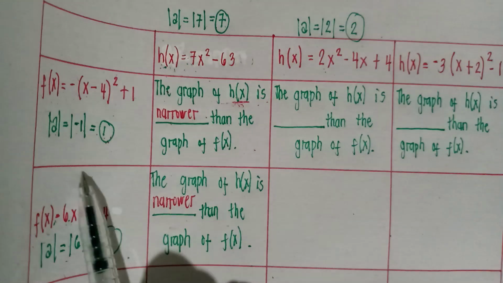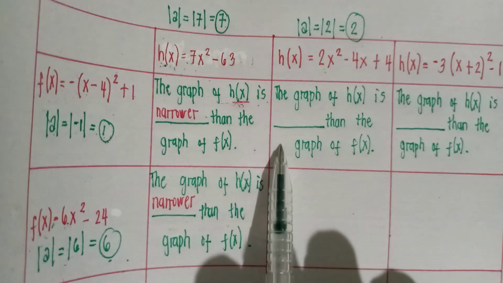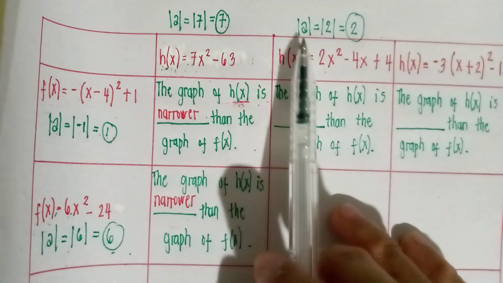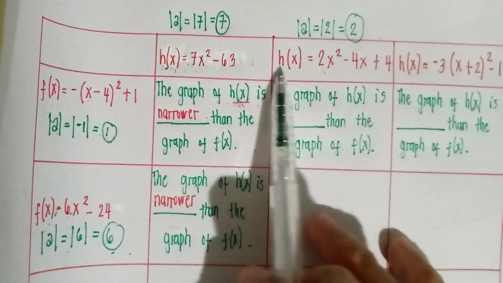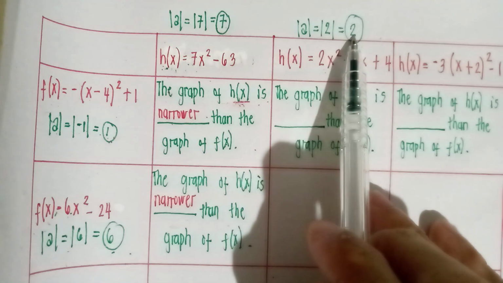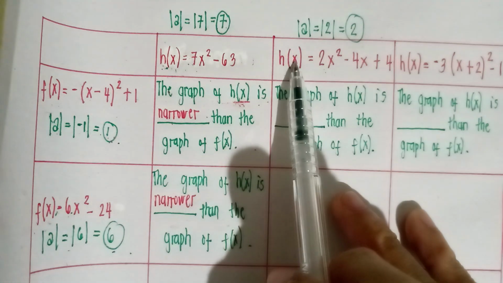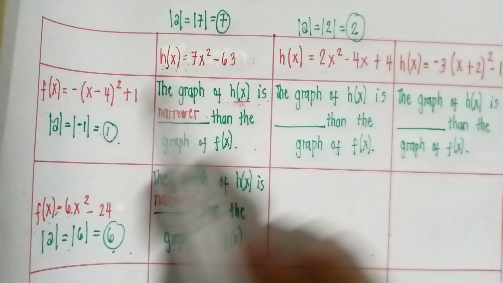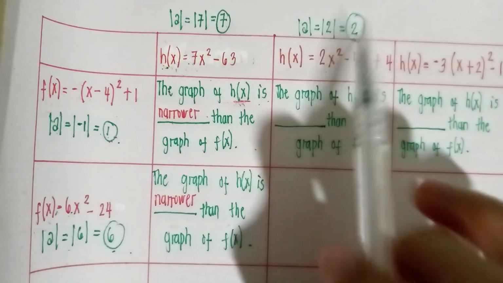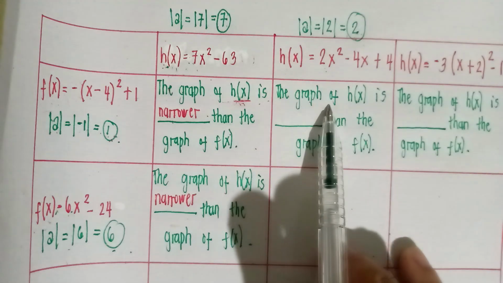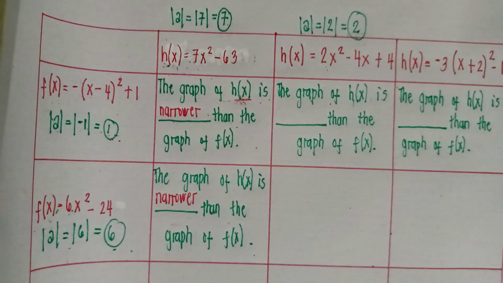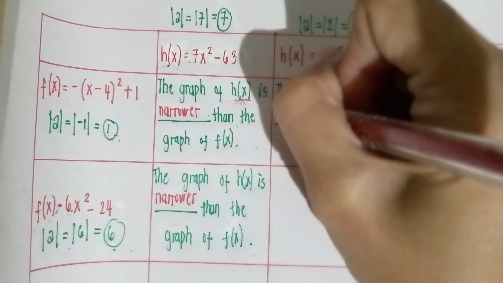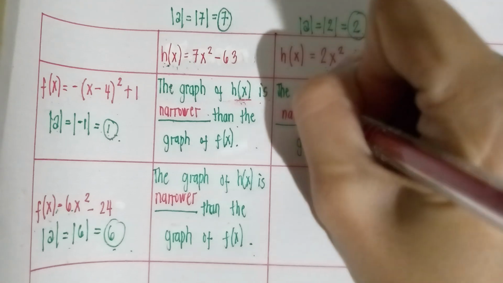Comparing the absolute values, for h of x it is 2, and here it is 1. Since 2 is larger than 1, the graph of h of x is narrower. Basically, if larger, narrower.